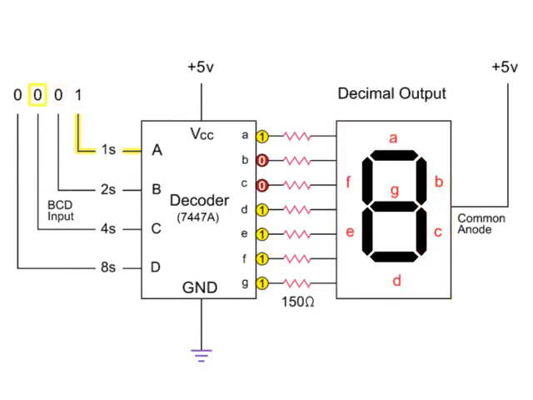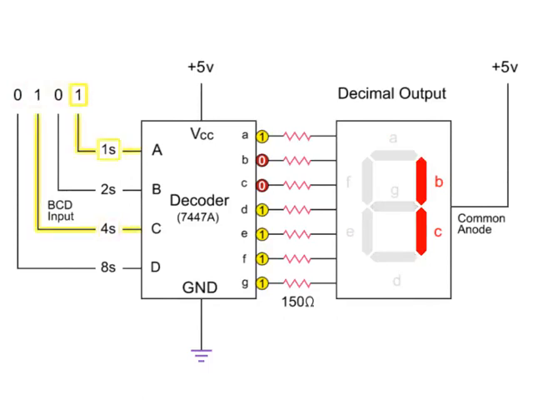So 0001 has a 1 in the ones place, so the input is 1. 0101 has a 1 in the fours and ones place, so 4 plus 1 is 5. Therefore, the input is 5, and so on.